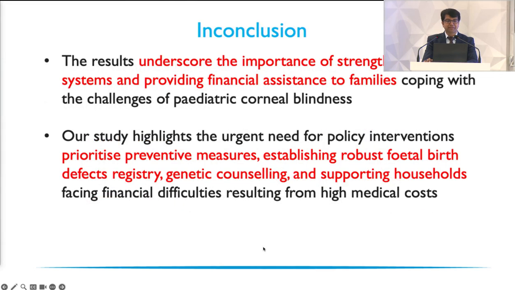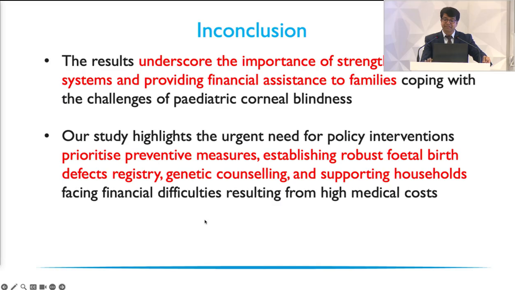So the key message is that we don't have preventive measures. We don't have a robust fetal registry in India to document every defect, and we don't have proper access to genetic counseling. The overall key is just to alert the advocacies so that we have some stringent, robust measures in place.